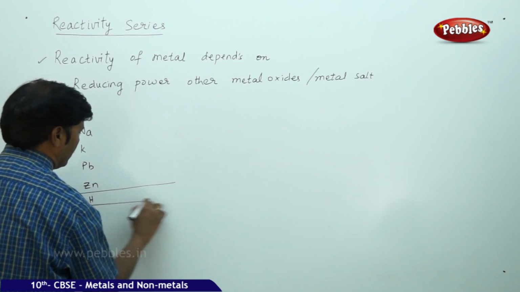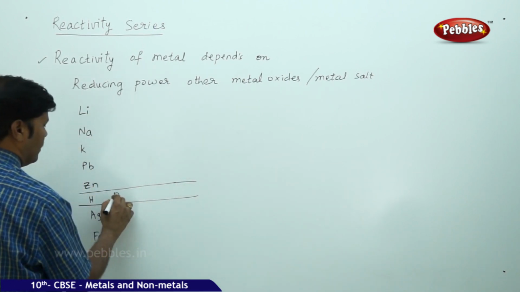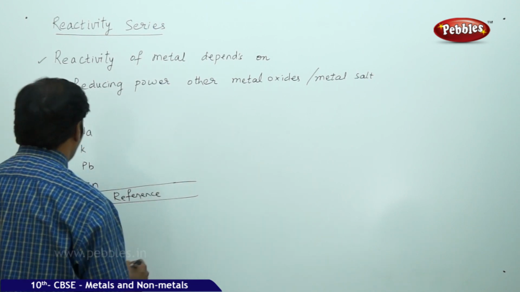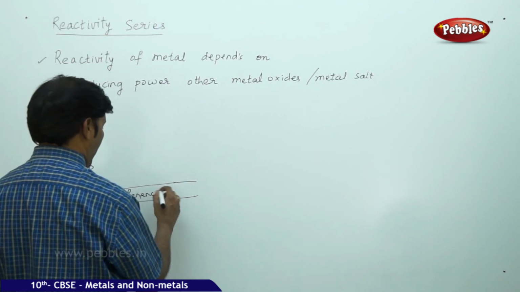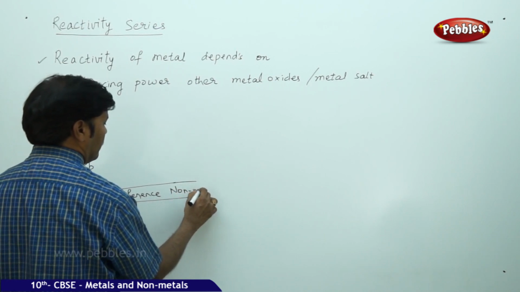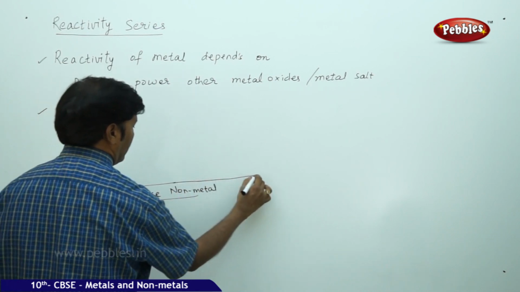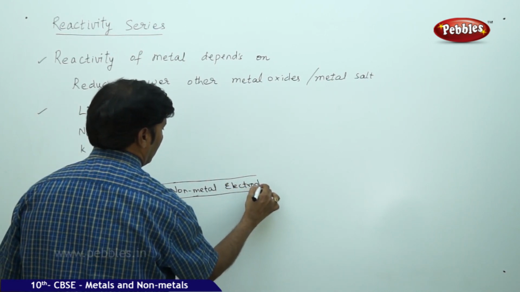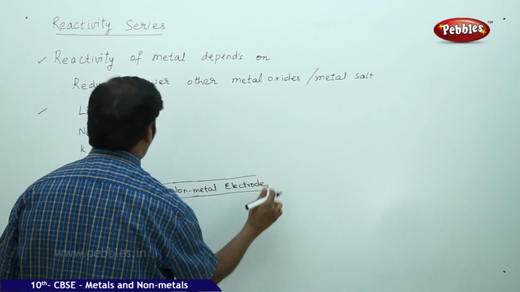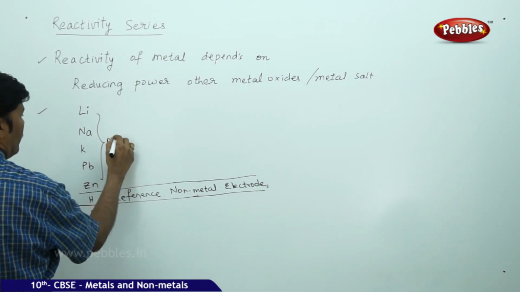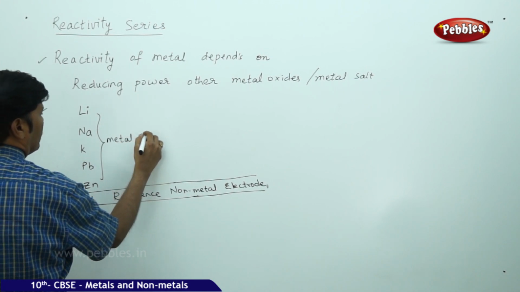You can take hydrogen as the reference non-metal electrode, and these are metal electrodes.